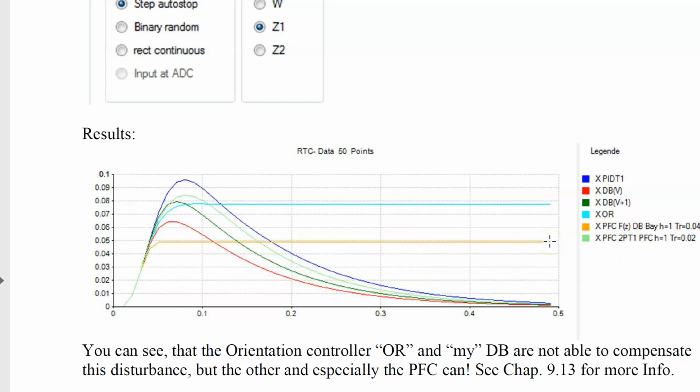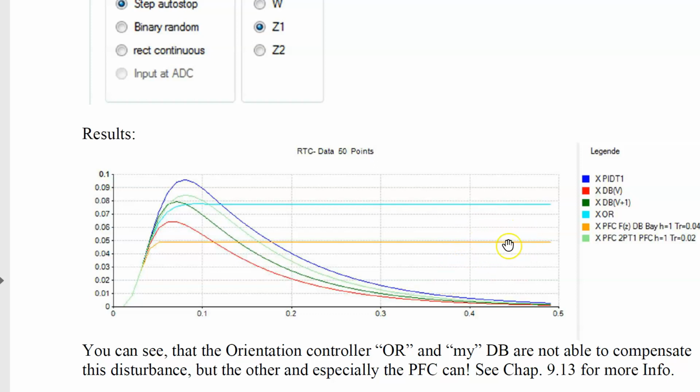The orientation controller cannot compensate the disturbance, and my version of the deadbeat controller also can't remove the disturbance completely. A known disadvantage, we have to discuss this point. And the light green curve is the PFC, which can do the job. So if there is a must, you have to select a controller. Here you can see the resulting disturbance behavior.